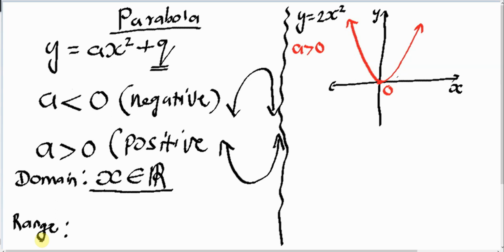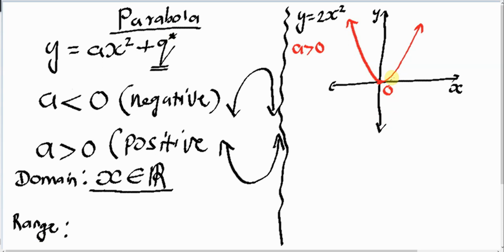And we talk about the range. The range here means we talk about the y values of the parabola. For the y values of a parabola, we will have to look at the value of q. If you look at the function here, your parabola doesn't exist below the x-axis. It turns at the origin and then goes back up.